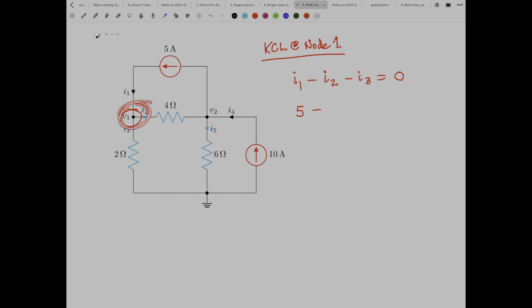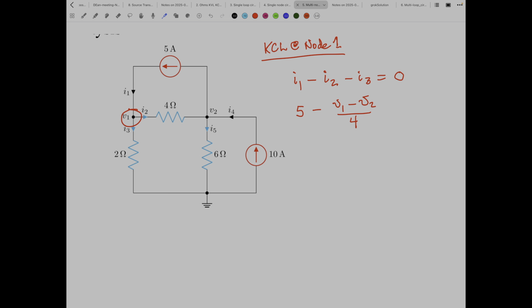We don't know what it is yet, but we have a name for it. So I'll use the name for it, V1. And the voltage at this end is V2. So I have V1 minus V2. That's the voltage across the 4 ohm resistor divided by 4 ohms. That should be the current I2.